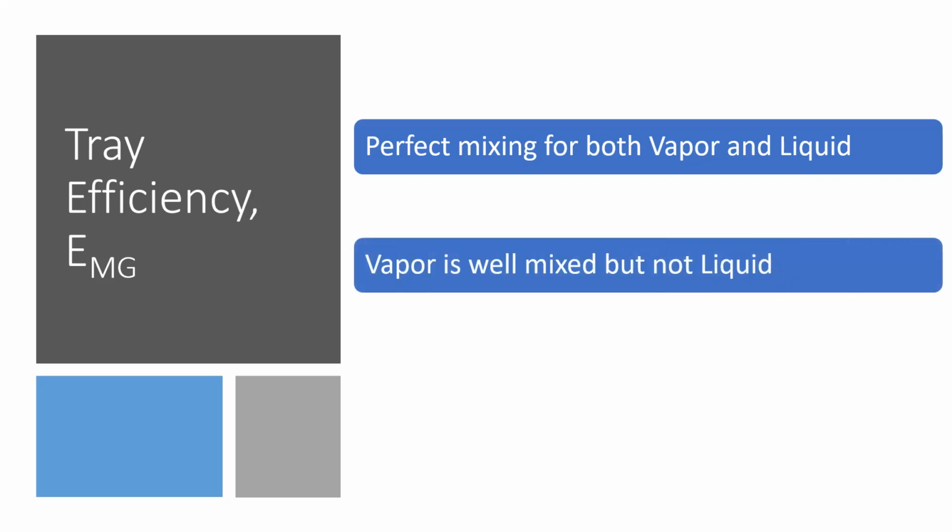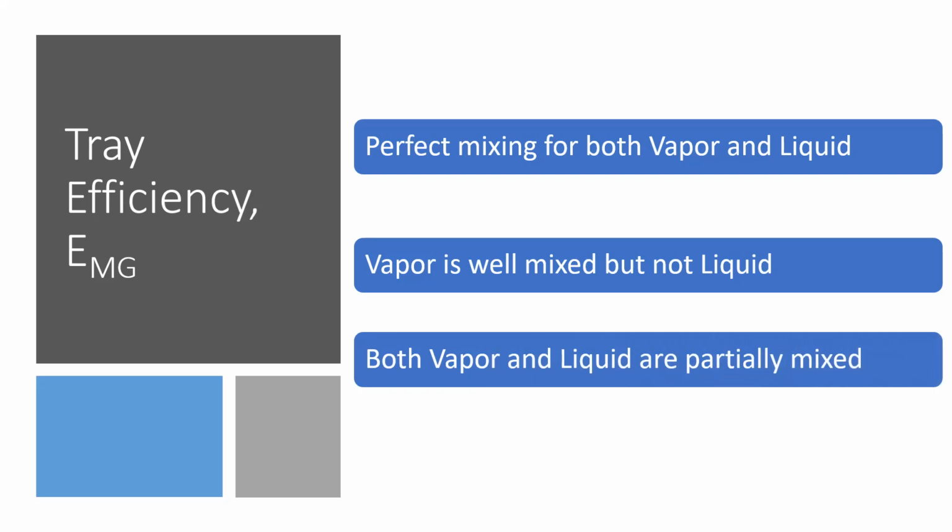The second scenario is that the vapor stream is well mixed, however the liquid stream is not. And the third scenario is that neither the vapor nor the liquid stream is well mixed. So both vapor and liquid are partially mixed.